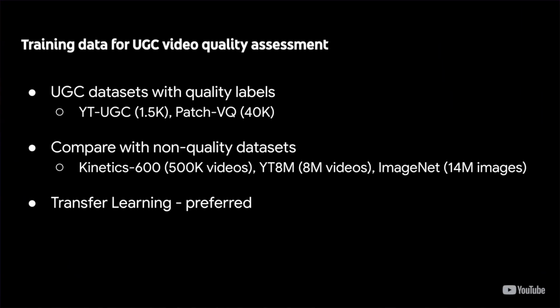Actually, the sizes of existing UGC quality datasets are still very small compared to the datasets used in non-quality related domains, like ImageNet and YT-UGC. They usually contain millions of samples. Intuitively, the more data for training, the better model we can get. So transfer learning has been widely applied in UGC VQA.